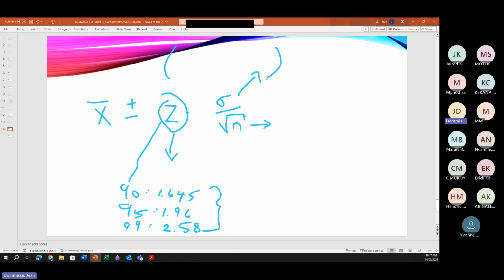So the bigger the confidence that we're working with, you can see the bigger that confidence estimate will become. So I know I have a question where they ask about the 90, the 95, and the 99, and which one is correct or not correct.